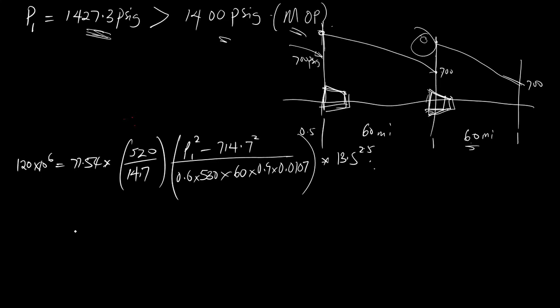Now let's work it out. So we have P1 square minus 714.7 square divided by 0.6, then 530 divided by 60 divided by 0.9 divided by 0.0107.